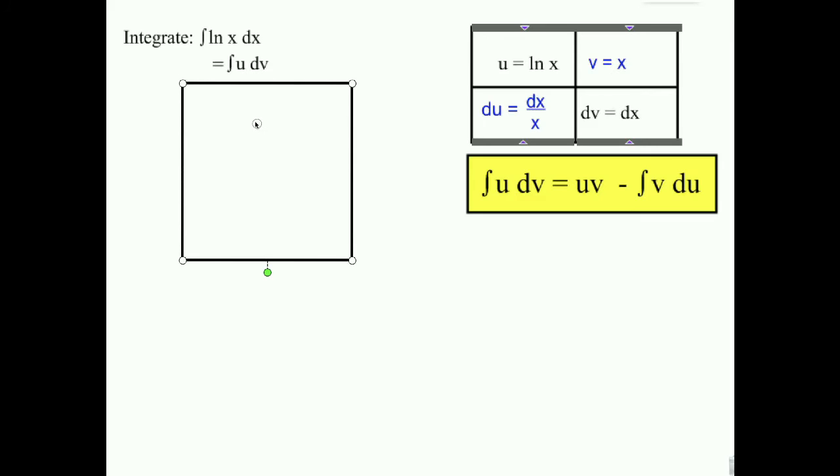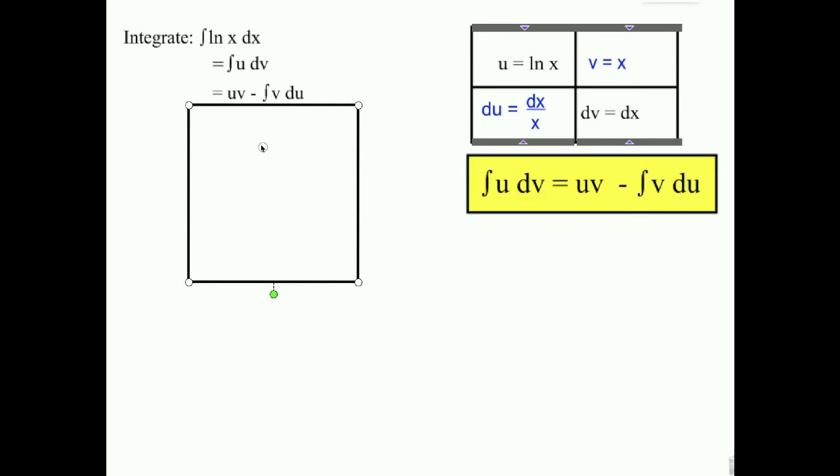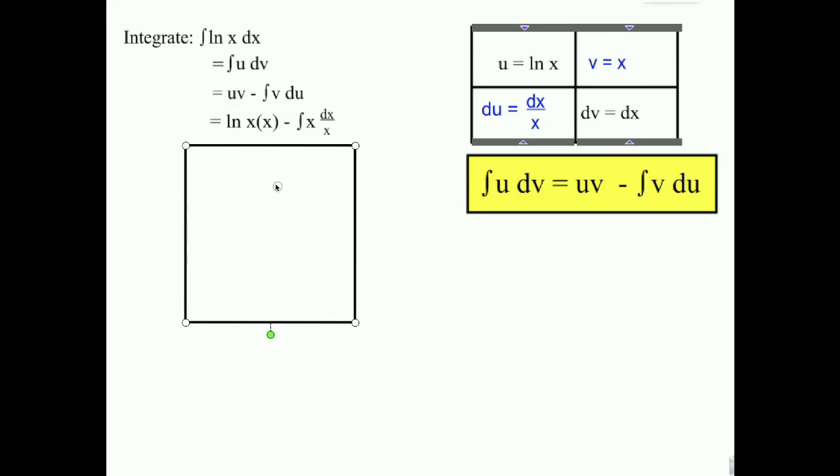And so we want to use integration by parts. Here's our formula, uv minus the integral of v du. We'll plug in all of our different values. So u times v, natural log of x times x, minus the integral of v, x dx.